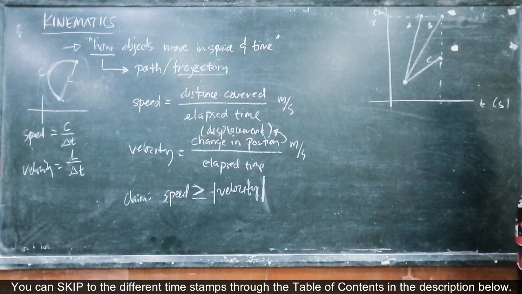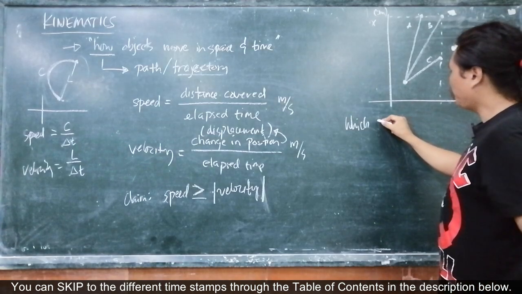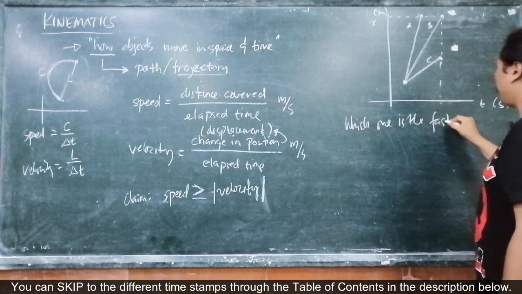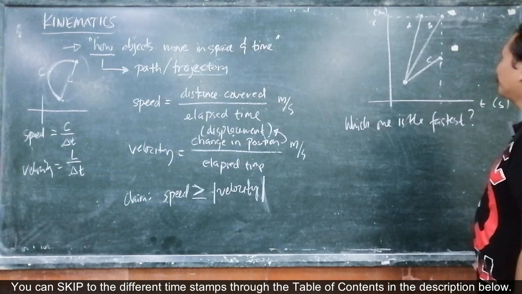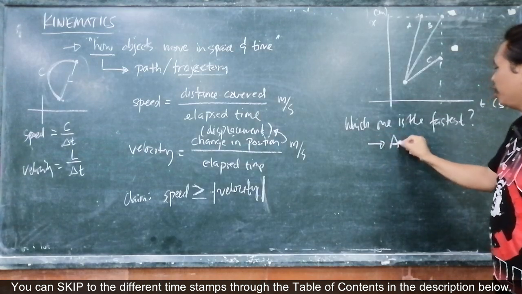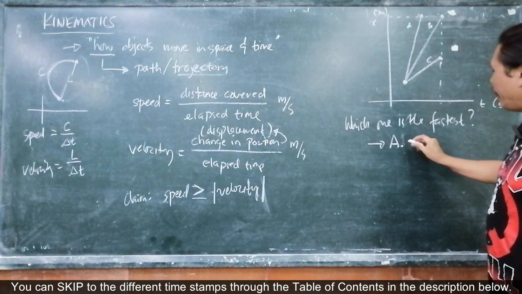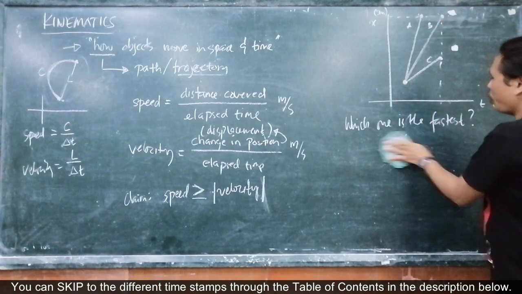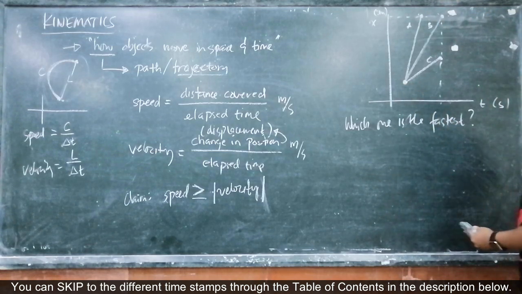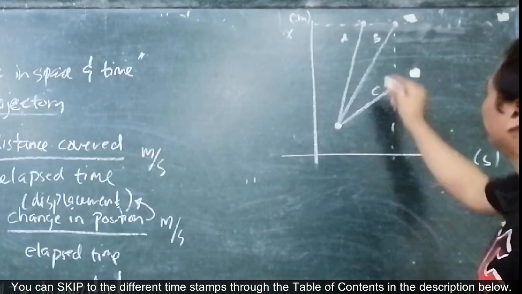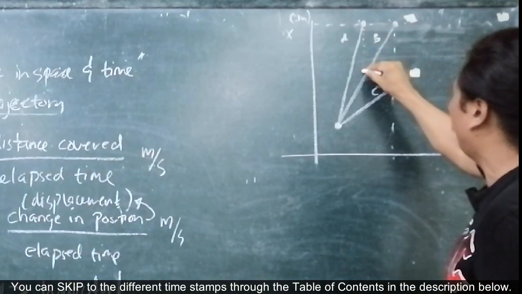Which is faster? Which is the fastest? Okay, so the fastest is A. Why? Because A, okay, I'll add a fourth one.